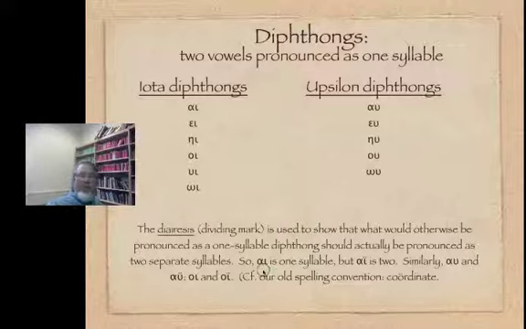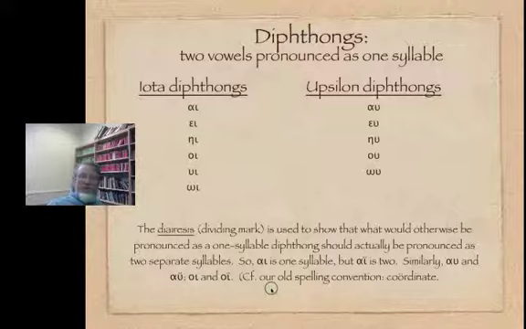So, if you come across this, alpha iota, without a diaeresis, it's pronounced I. If you come across it this way, with a diaeresis, it's pronounced ah-ee, two syllables. Similarly, ow, but ah-oo. Oi, but o-ee.